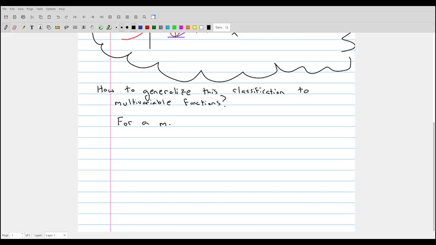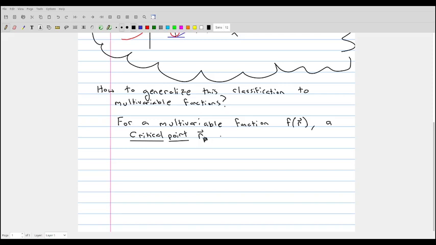For a multivariable function f of r, depending on any number of variables, we say that a critical point, which we'll denote as r star, is a vector now because the domain of the multivariable function is in multidimensional space.